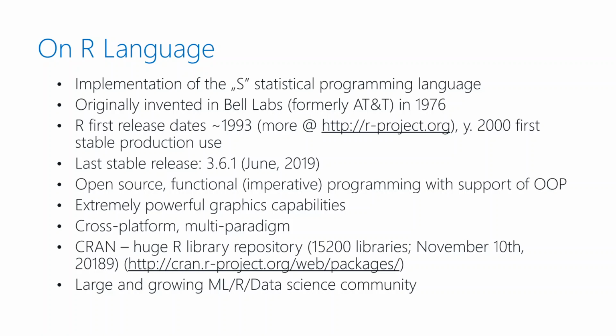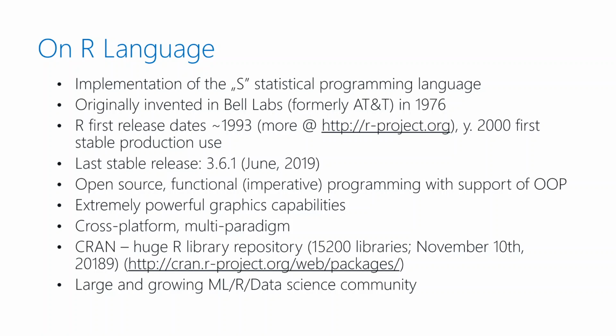R language used to be called S. It originates all the way back to the late 70s, but the first stable release was done in 1993. There have been a lot of stable releases. It's open source, functional imperative programming with support of object-oriented programming.